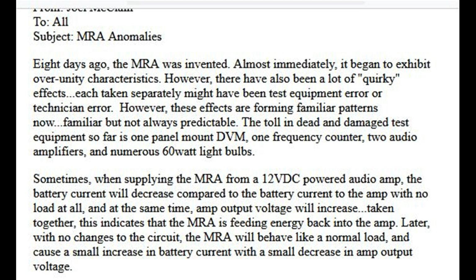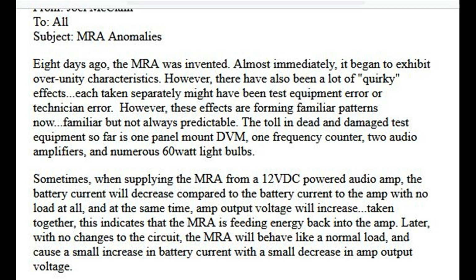Sometimes, when supplying the MRA from a 12 volts direct current powered audio amp, the battery current will decrease compared to the battery current to the amp with no load at all, and at the same time, amp output voltage will increase. Taken together, this indicates that the MRA is feeding energy back into the amp. Later, with no changes to the circuit, the MRA will behave like a normal load, and cause a small increase in battery current with a small decrease in amp output voltage.